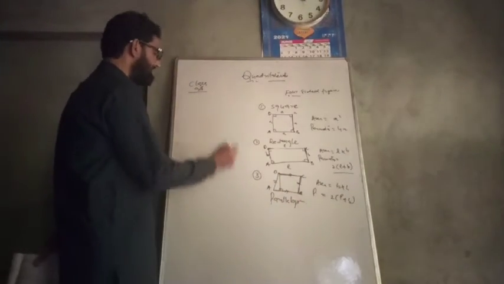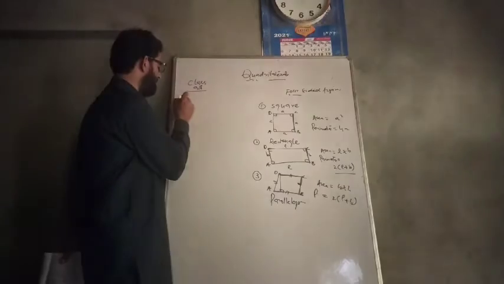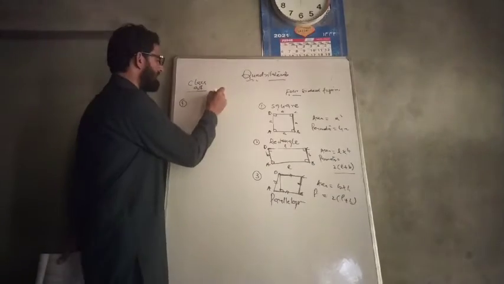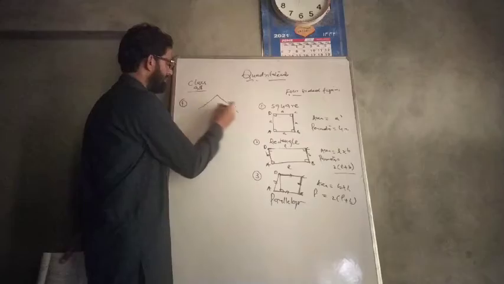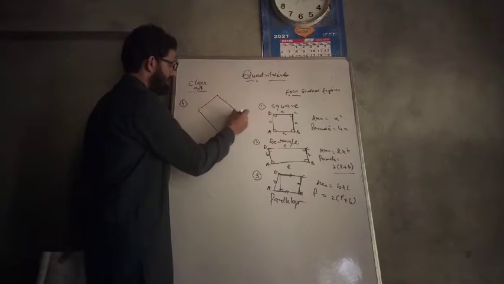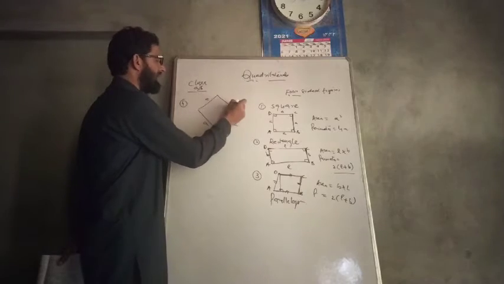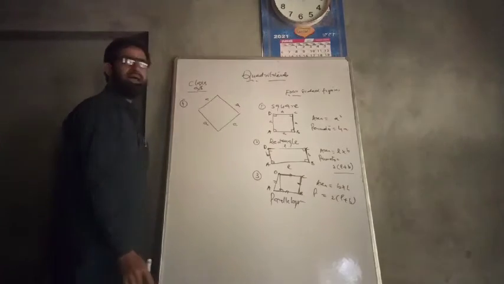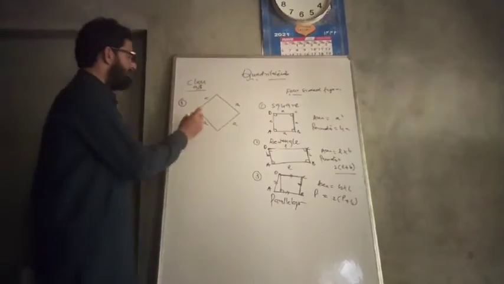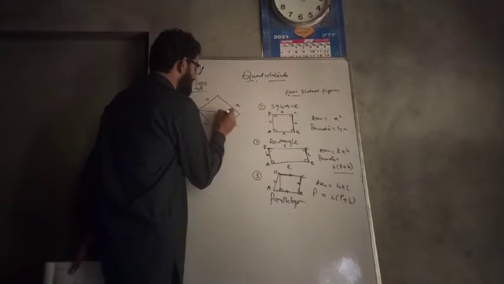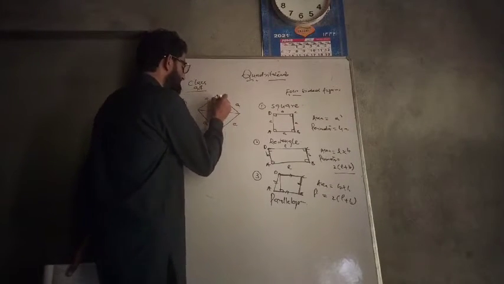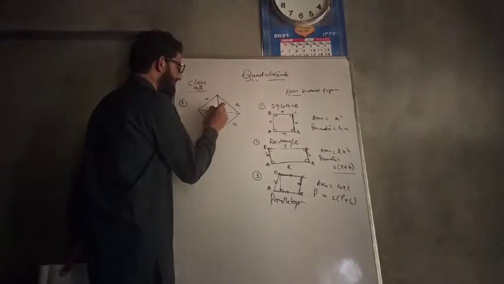Then there is one more quadrilateral that is called a rhombus. A rhombus is like a square. It has all sides equal, but it has a peculiar property that its diagonals bisect each other at right angles.